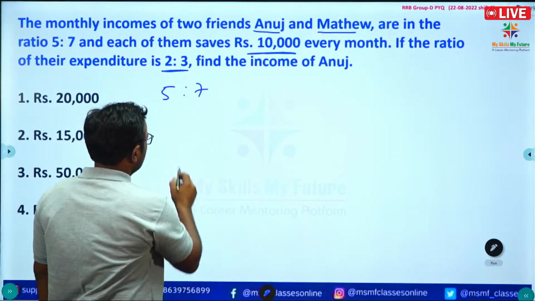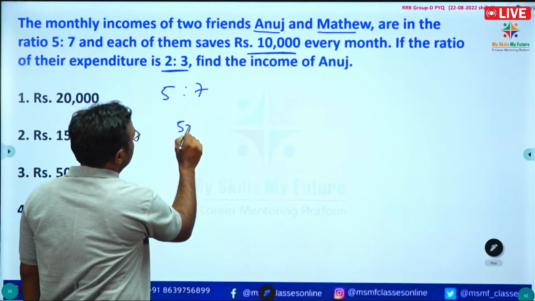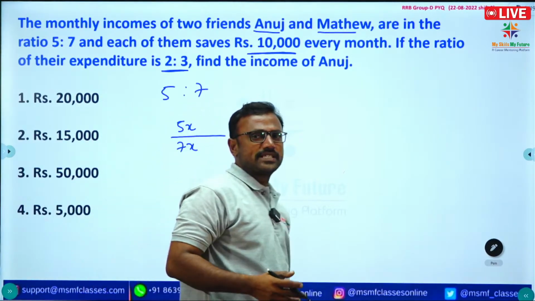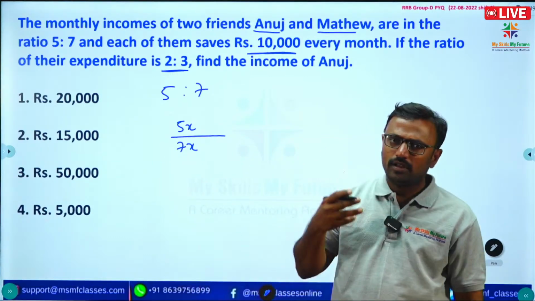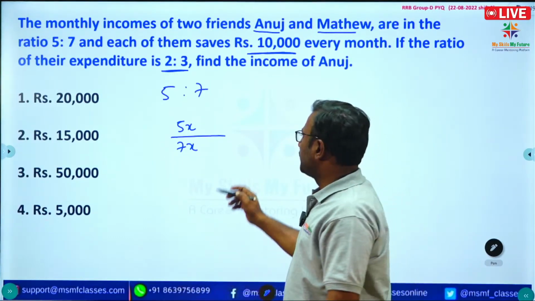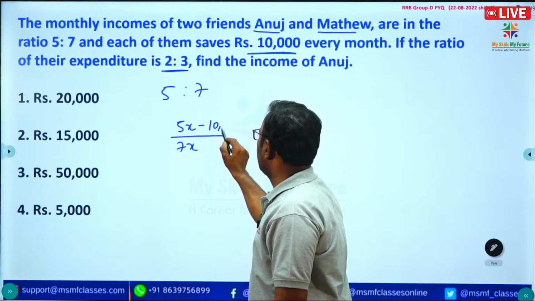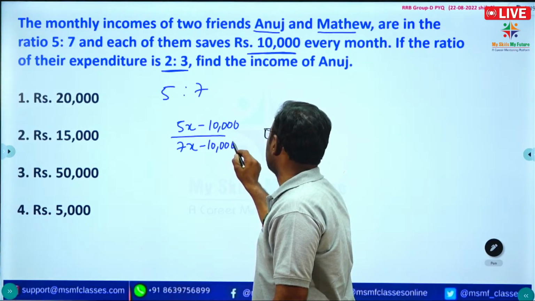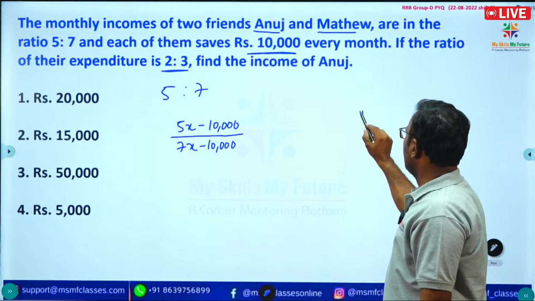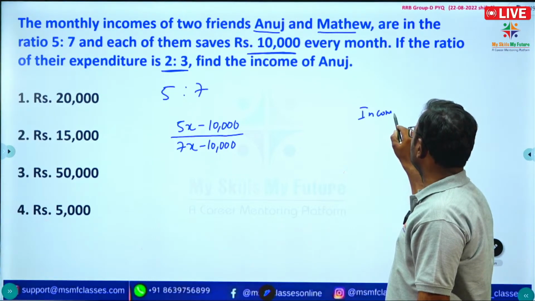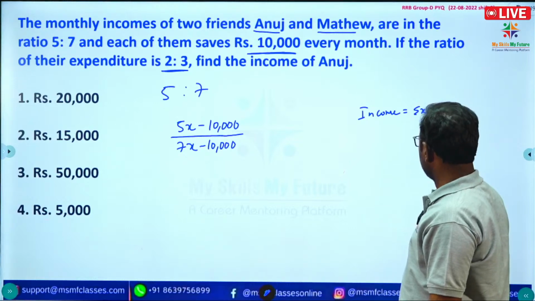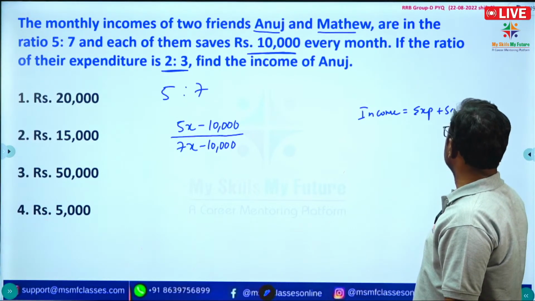So I can write it like this: 5x and 7x. 5x is the income of Anu, 7x is the income of Matthew. Why am I subtracting 10,000 after saving? Because income is equal to expenditure plus savings.